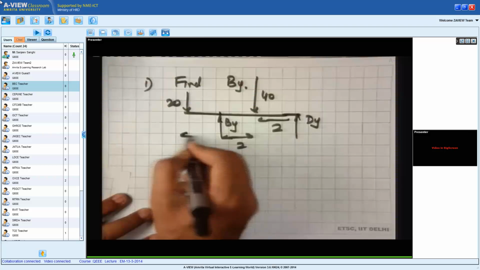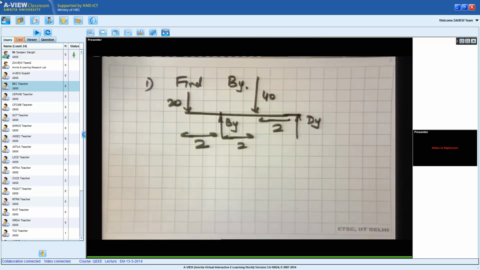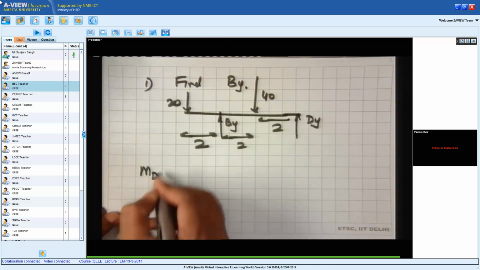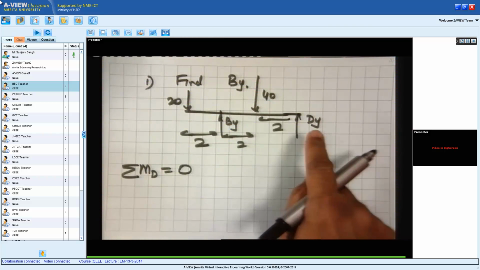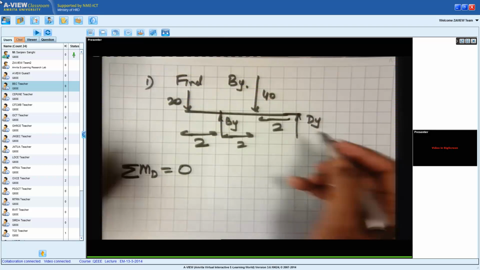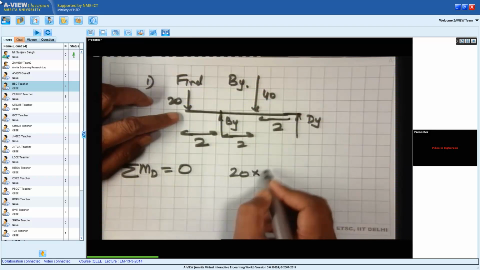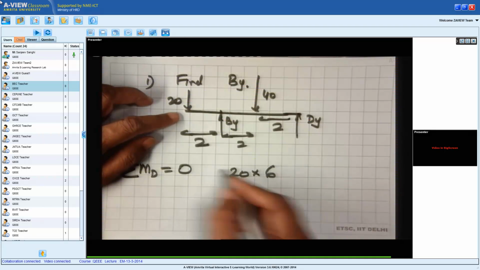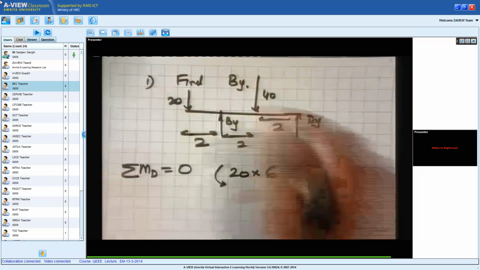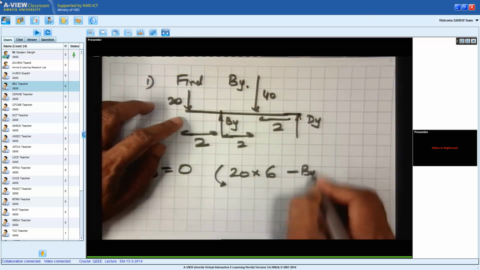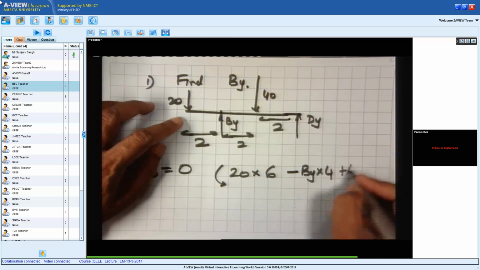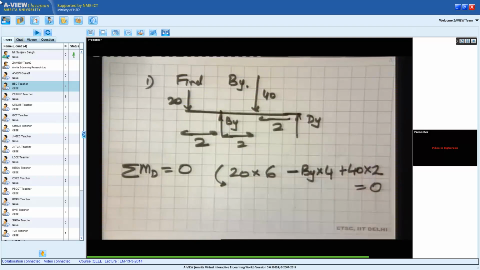To find By, I'll take the sum of moments about D equal to 0, with counterclockwise taken as positive. I get 20 multiplied by 6, minus By multiplied by 4, plus 40 multiplied by 2 equals 0.